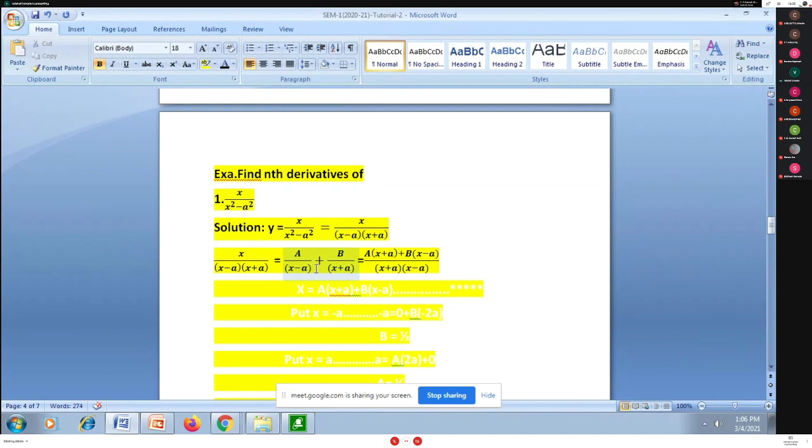So I am getting numerator as A into x plus a plus B into x minus a, upon denominator x plus a into x minus a. Left hand side is equal to right hand side in this form.